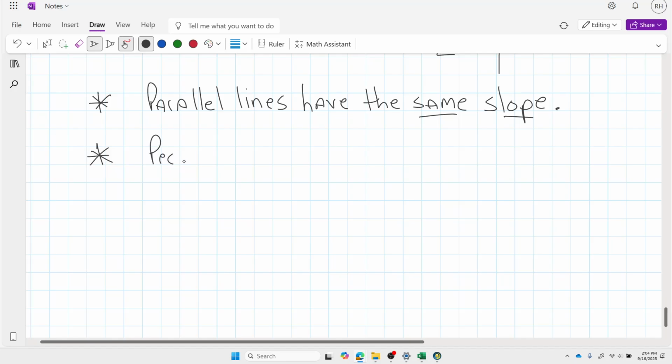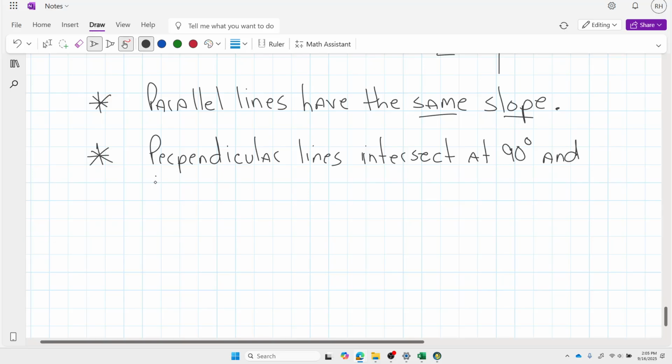Perpendicular lines intersect at 90 degrees. And their slopes are negative reciprocals.